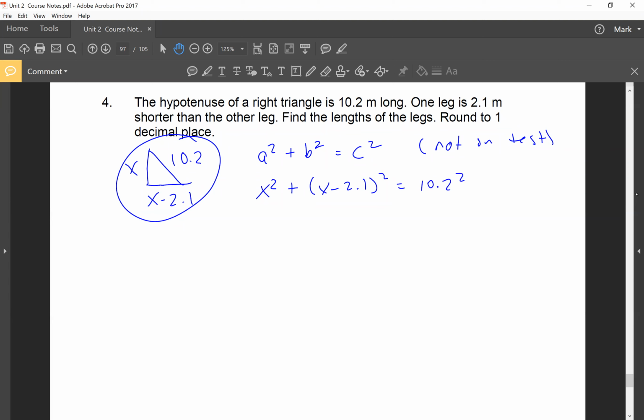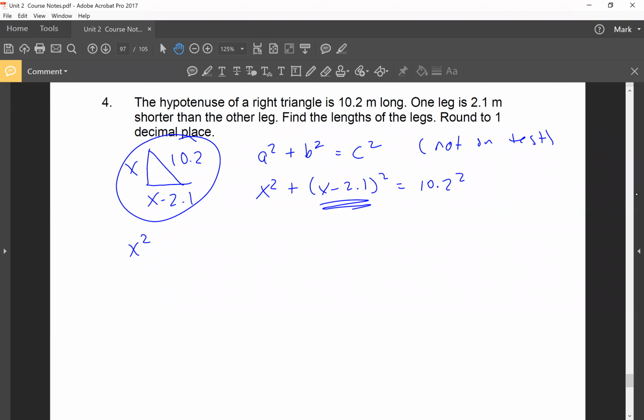I'm going to simplify this, meaning put it in the form of ax squared plus bx plus c and solve for x. So what I end up getting is x squared.